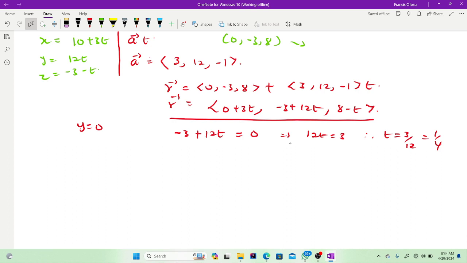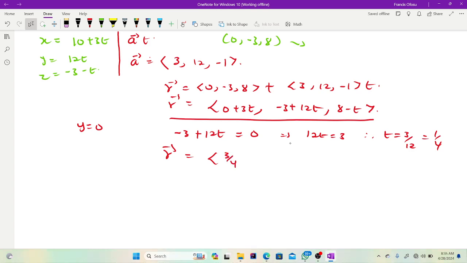And at that point, the line will be in the xz plane. So let's see, my r will then be equal to 0 plus 1 over 4 multiplying 3, so I'm going to get 3 over 4, right?